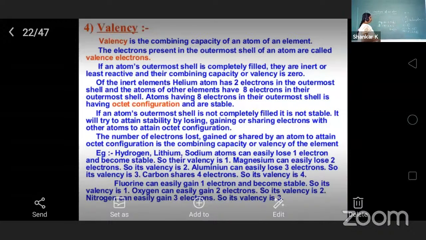So like that, first we write the electronic configuration and find the valency. You can see in the picture: first orbit, second orbit, third orbit.